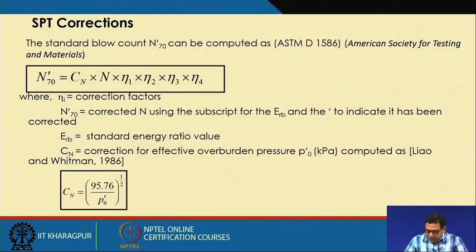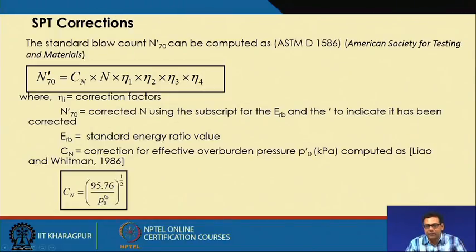So, what are those 5 corrections? You can see this is the N dash, dash means again it is a corrected value, and 70. What is 70? I will discuss that. Let me explain why Cn, the correction for the effective overburden pressure, we can calculate by this expression, where it is 95.76 by P0 bar.